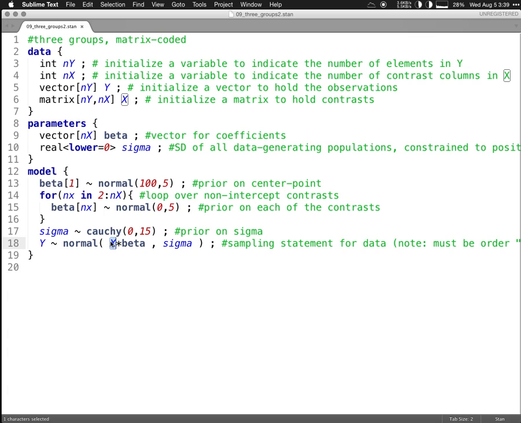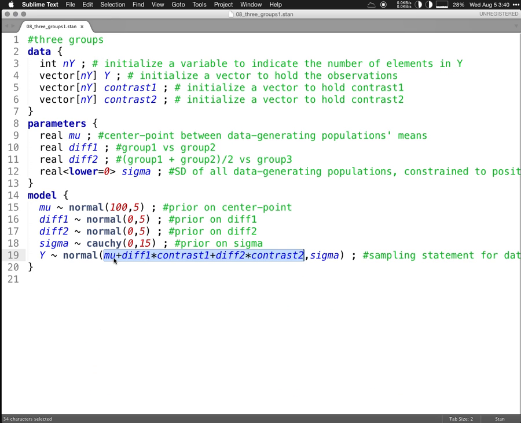It multiplies the entry for the first column in x times the first entry in beta, whatever's in the second column for x times the second entry in beta, whatever's in the third column in x times the third entry in beta, and then sums the result, which is the exact same as what we had here, where we had a mu plus diff times the contrast.